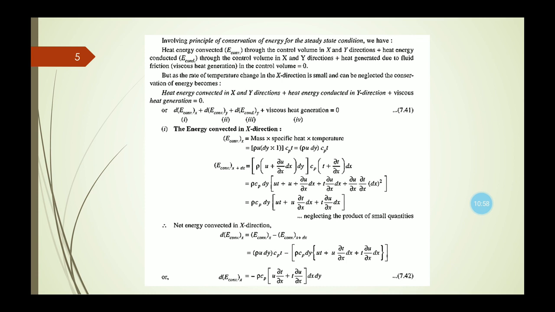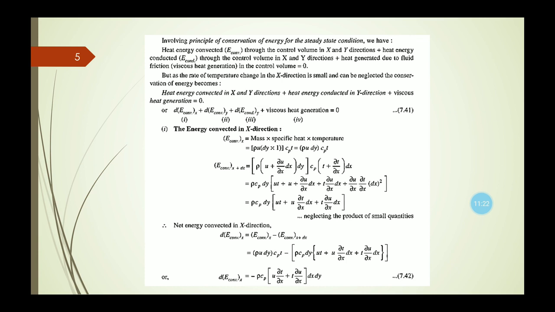So ultimately the equation we get is dE convection x plus dE convection y plus dE conduction y plus viscous heat generation equals 0. We get 4 different terms on the left hand side of this equation, and for these we first need to formulate their equations.